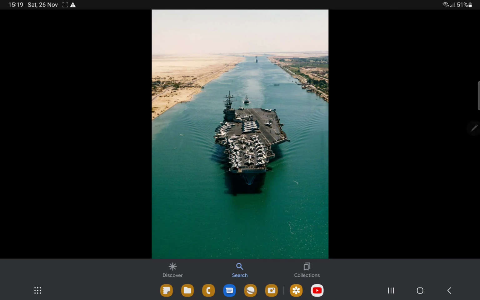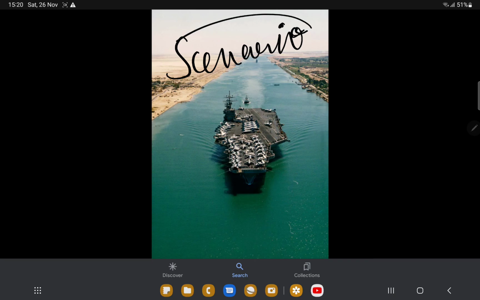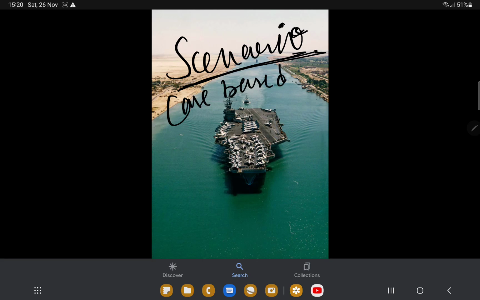Now, let us get still deeper into this by taking a scenario which happened in the Suez Canal maybe 1 year or 2 years ago. Let's see that scenario now. It's very important. This is a case-based theory that I'm going to tell you.